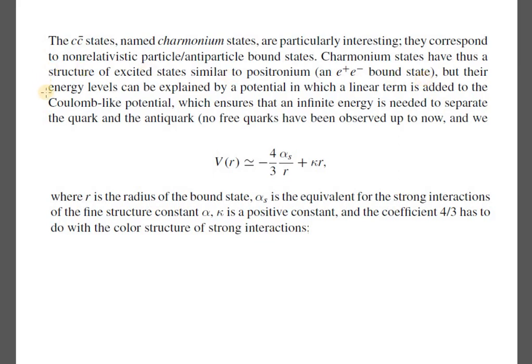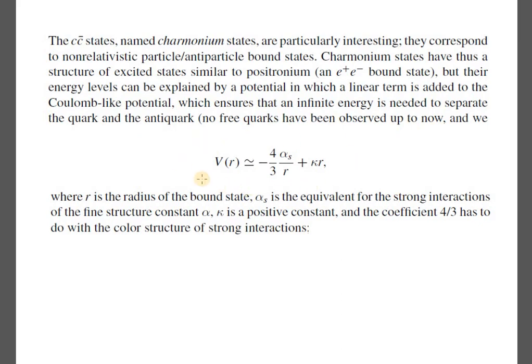But their energy levels can be explained by a potential in which a linear term is added to the Coulomb-like interaction, which ensures that an infinite energy is needed to separate the quark and antiquark. And this is important since no free quarks have been observed up to now.